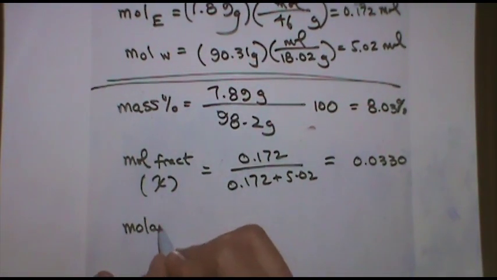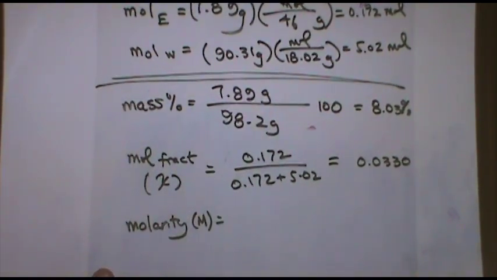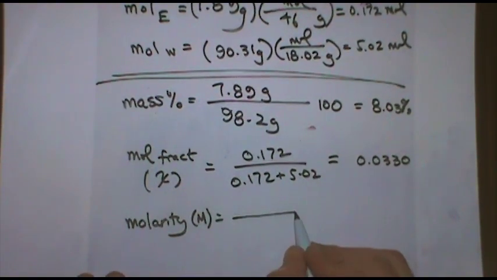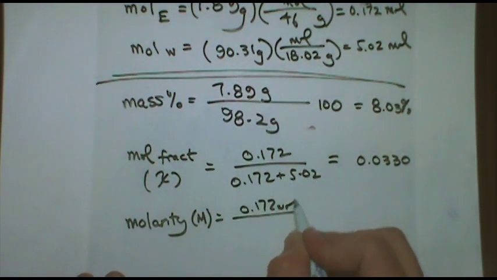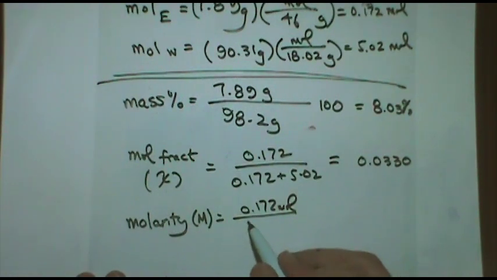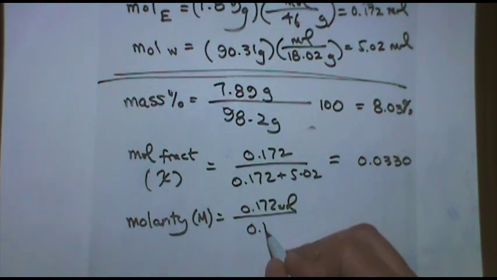Molarity is the moles, 0.172 moles, divided by the volume. What do I put in the denominator? 0.1, is that what we said?